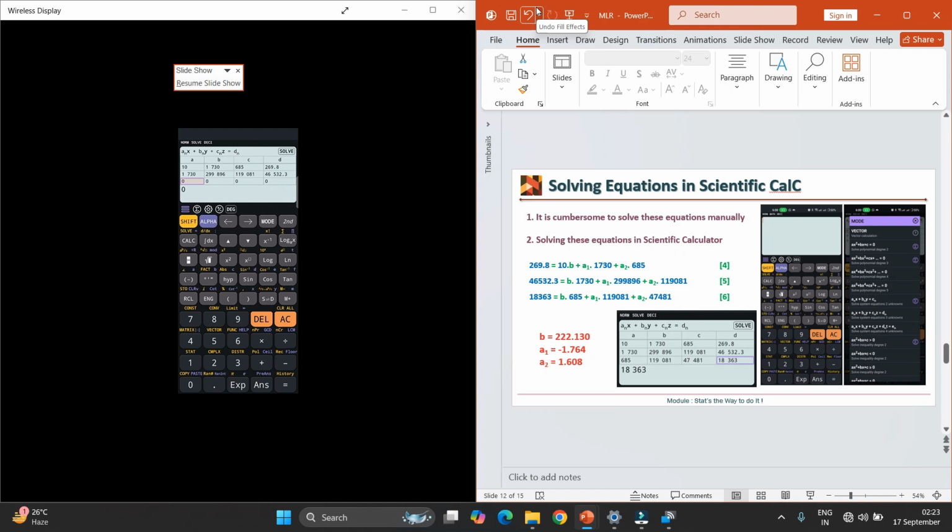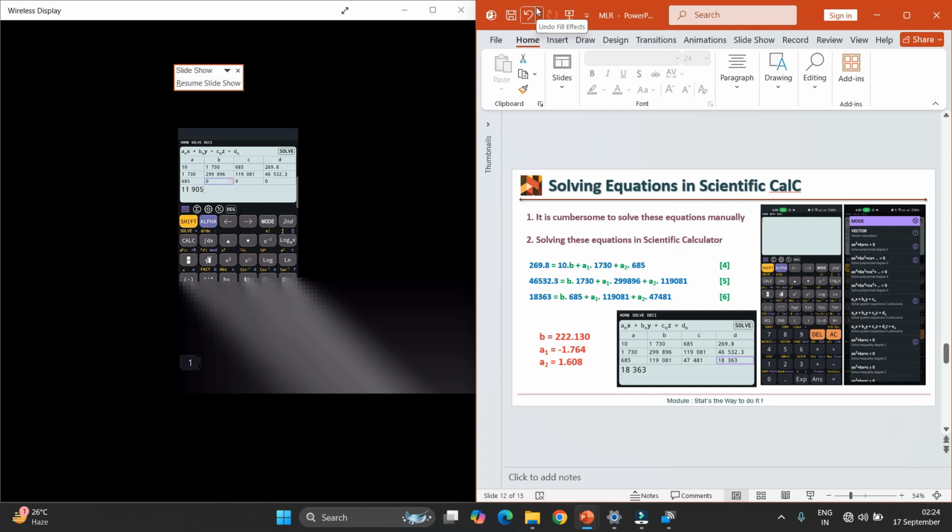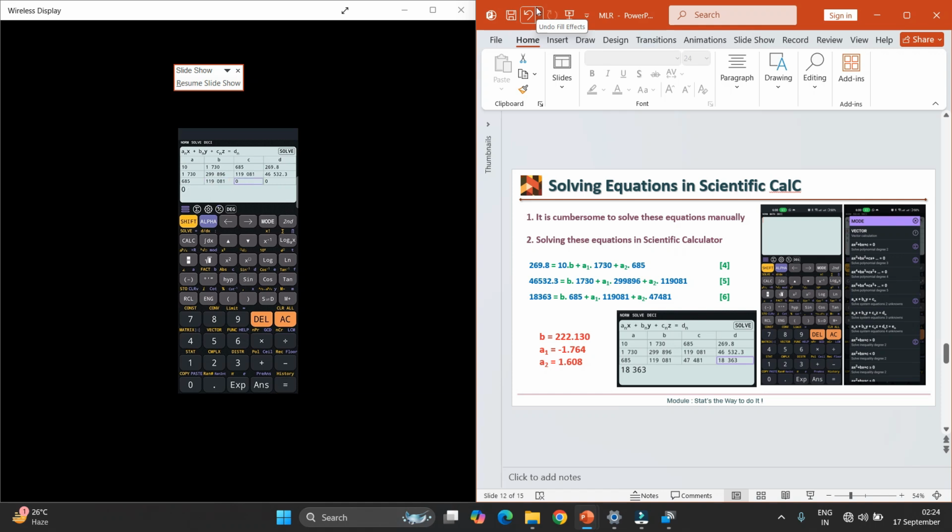Then last row 685, 119081, 47481, and 18363. So I put all the 12 values in the table.